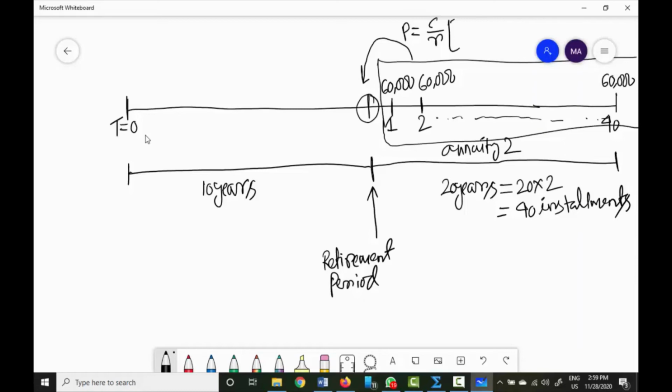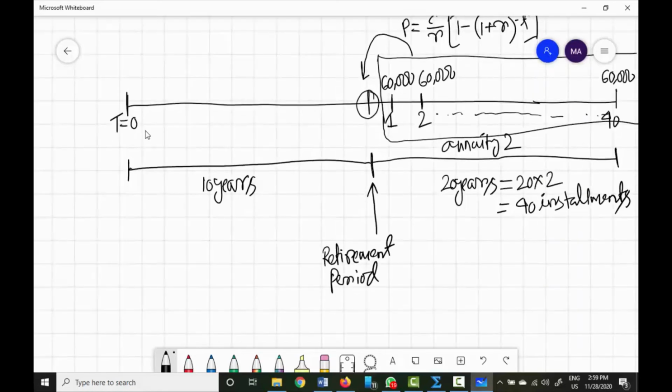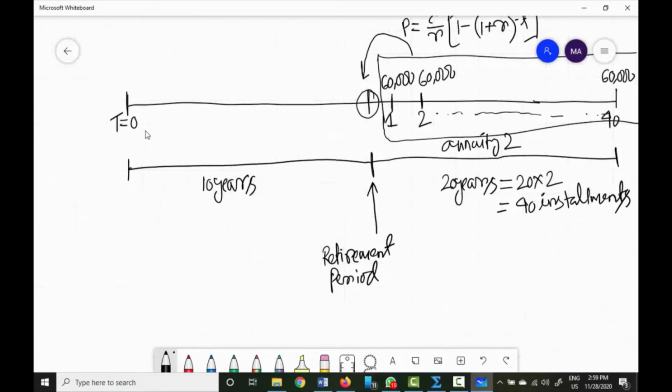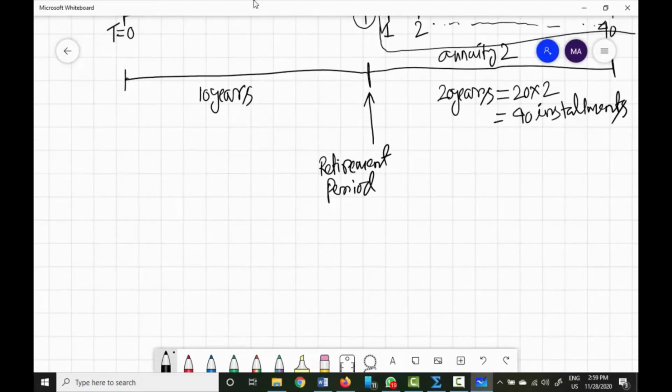Since we are going backward and this is an annuity, we will use the present value of annuity formula. So this is the formula, right? First, let us find out how much you should have in the bank account after 10 years.